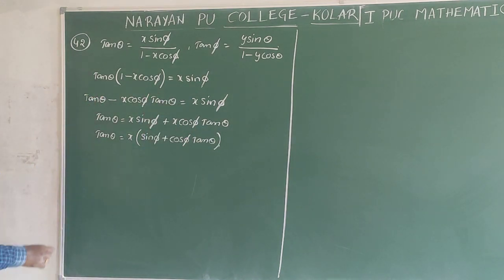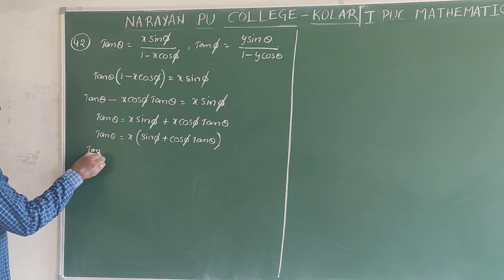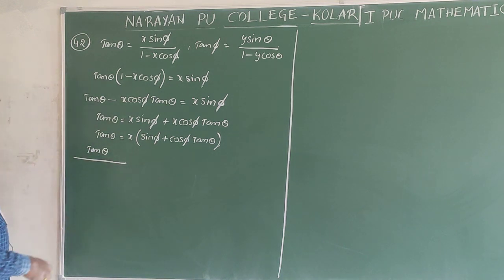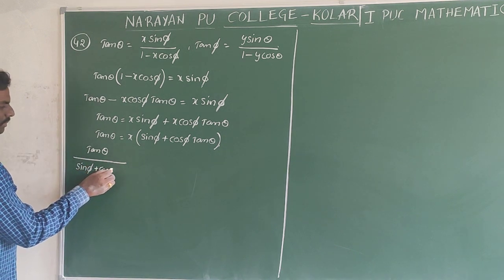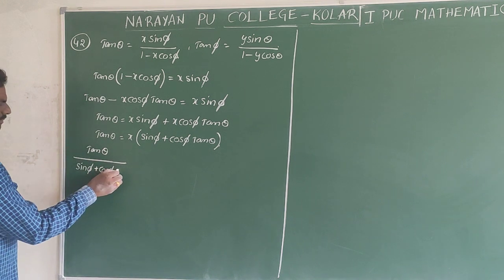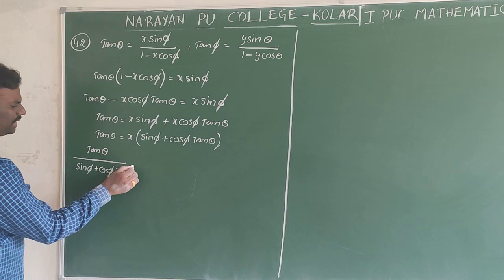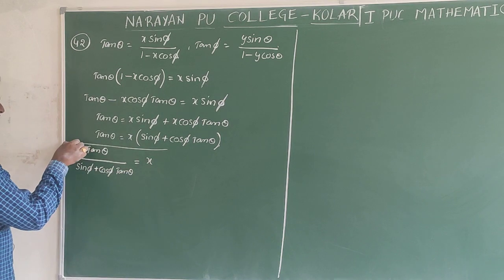Now you can write tan theta by sin phi plus cos phi into tan theta. This is equal to x.